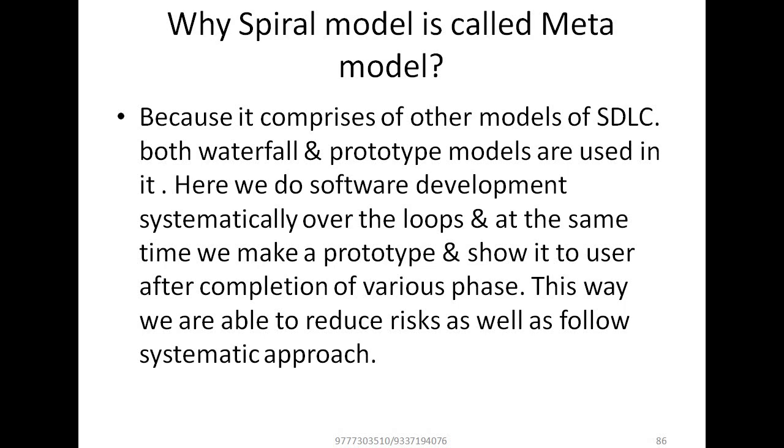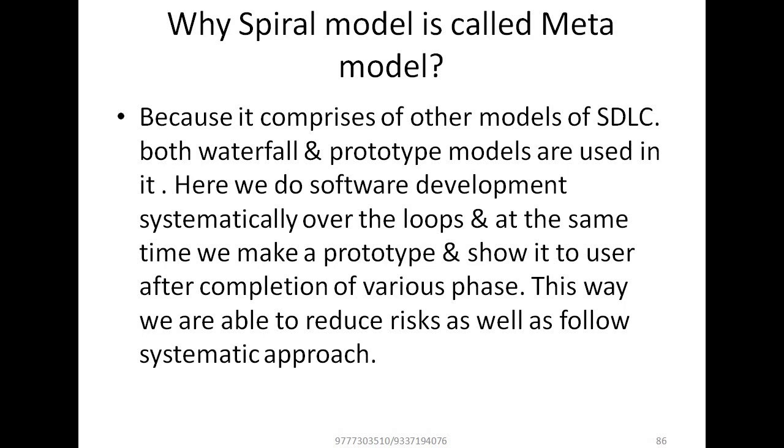It combines all the models of SDLC, the waterfall model and the prototype model, so it is called a meta model. It consists of all the phases of all the life cycle models. As I told you in the first slide, the spiral model consists of all the phases of the previous models plus risk.